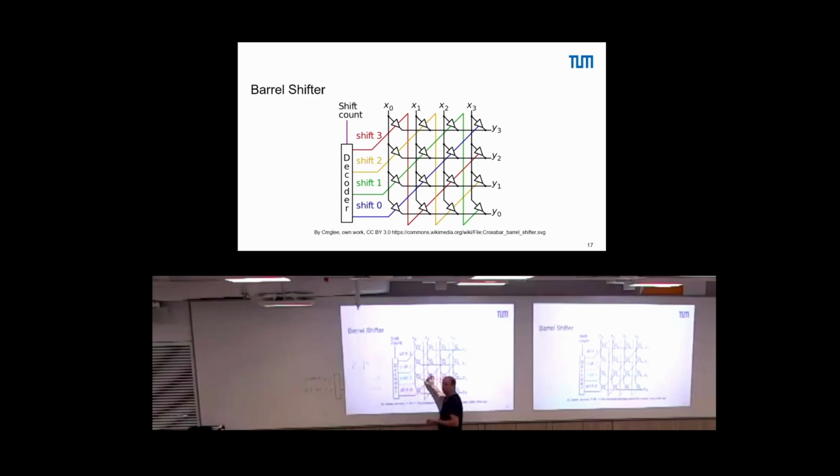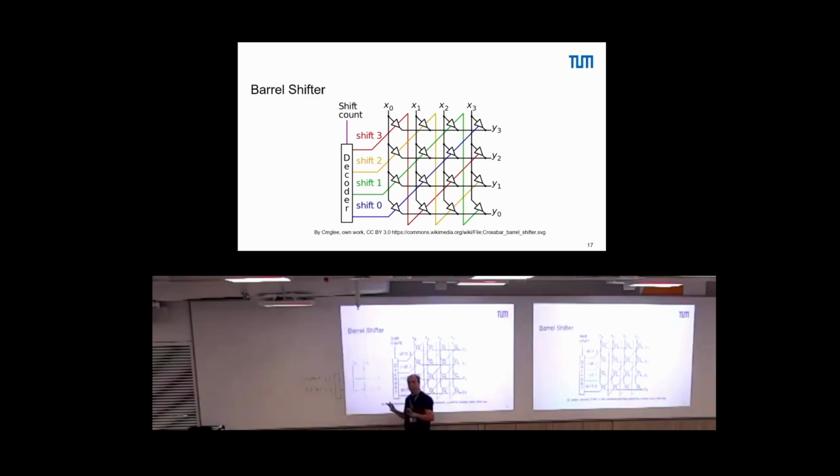It's exactly the same as what you see here, just that I reduced it to only the lower two and here the lower two. So it's actually this array. Now, if I have a shift of 0, I want to put this here to that output, this here to that output, right? So I make here a wire, and here a wire, and here a wire.